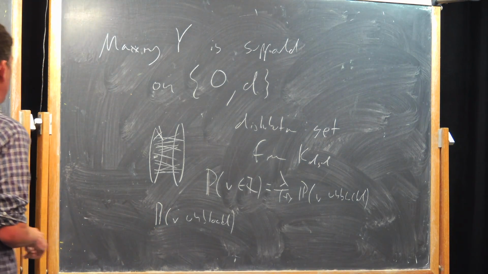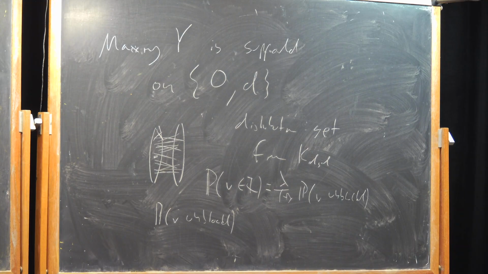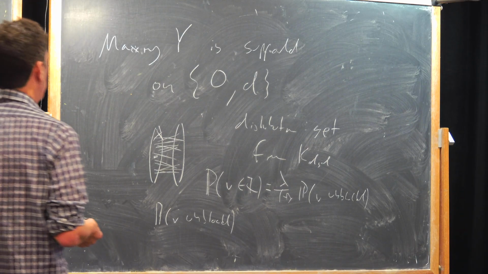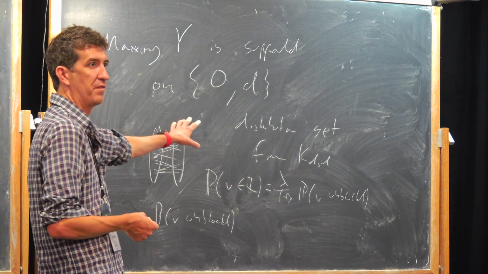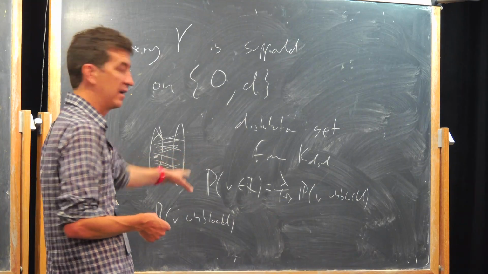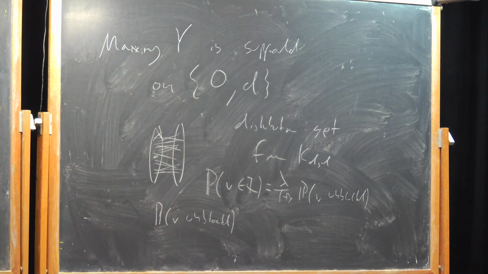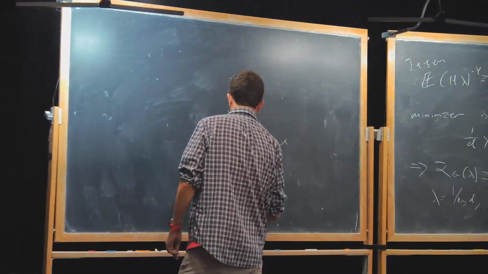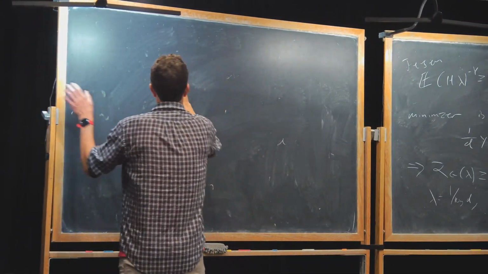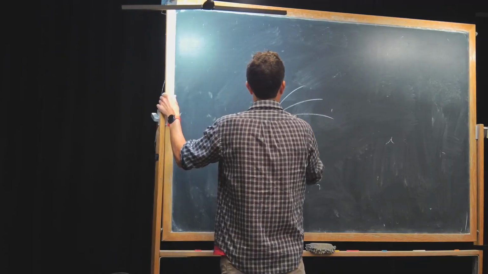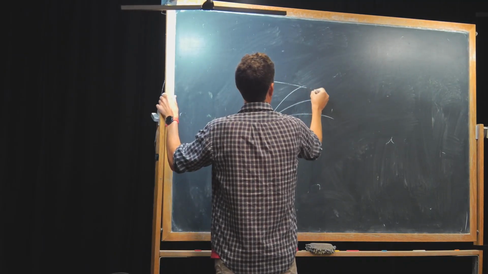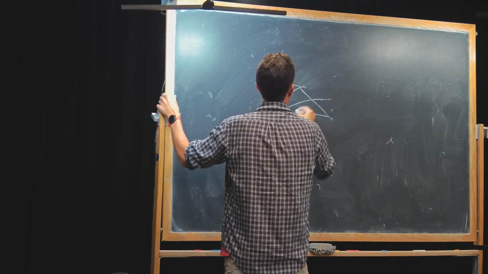So in the last one or 2 minutes, I just want to say, how do you extend the proof of theorem 3 when you're not triangle free? And that goes back to this (1 plus lambda) to the minus j thing. So instead, now I have my vertex, but now I might have triangles in my neighborhood.